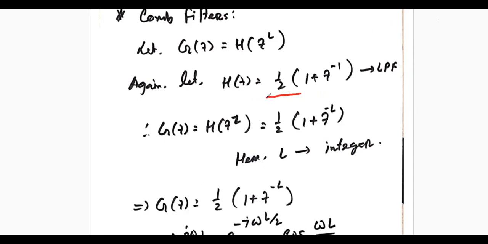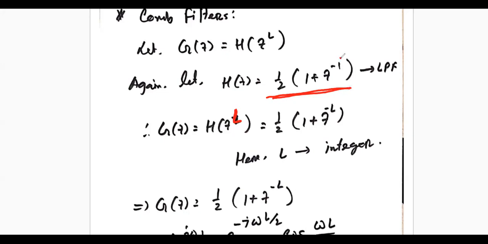So we are starting with a low pass filter, and then we can convert. Don't be confused, this is exactly L. There is no minus here. This is L, so G(z) is equal to H(z) to the power L. It can be written as half of 1 plus z to the power minus L, because we know that H(z) is equal to half of 1 plus z to the power minus 1.